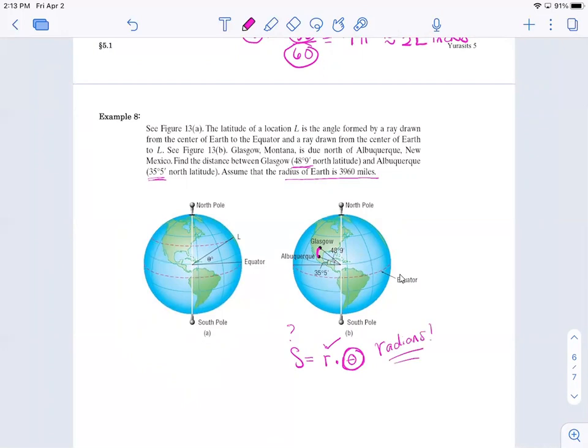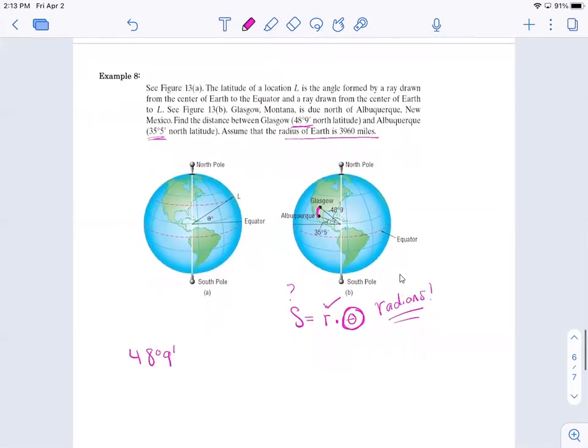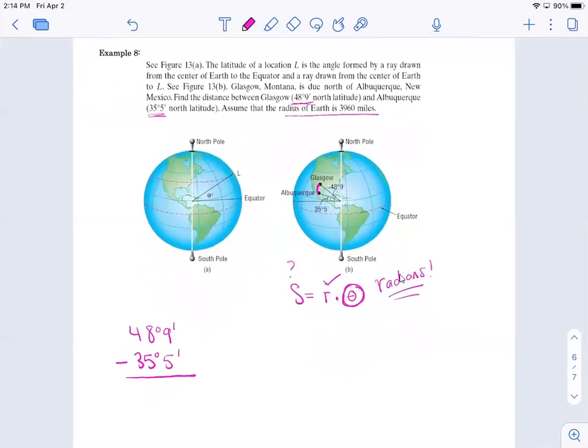All right, so I want to figure out my theta between those two cities. Well, I know Glasgow is 48 degrees and 9 minutes, and Albuquerque is 35 degrees and 5 minutes. So to find the theta between those two, I'll take away those two angles.